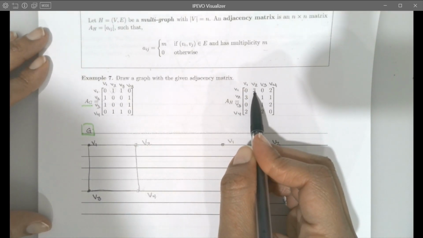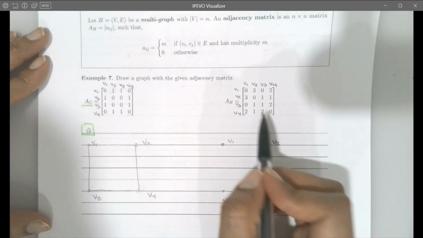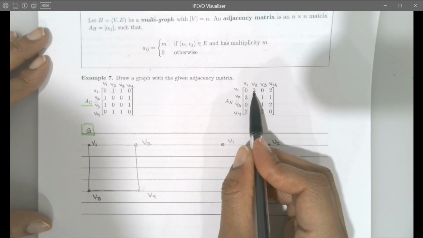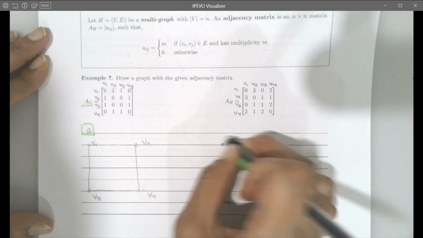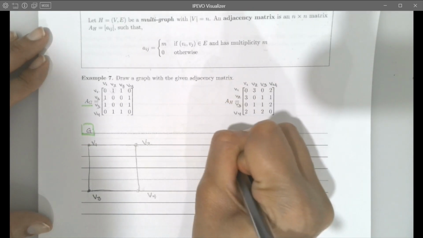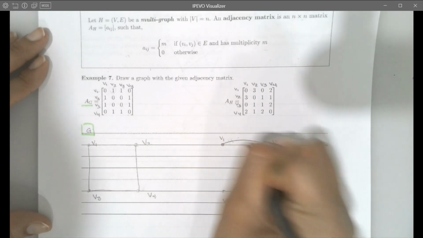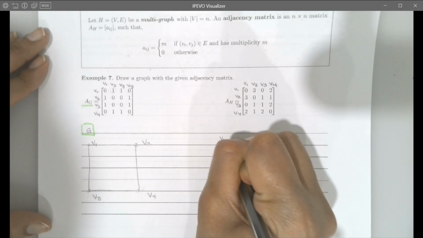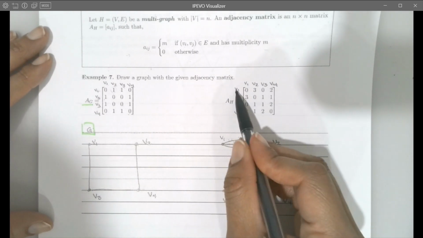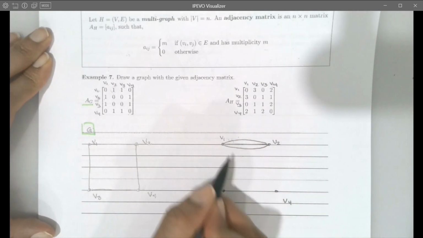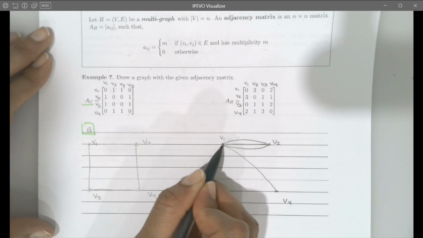It does connect to V2, and there are 3 edges that connect to V2 because we have a multiplicity of 3. So that's 1, 2, and 3. Does it connect to V3? Nope. Does it connect to V4? It does, and it connects doubly. So we need 2 edges.